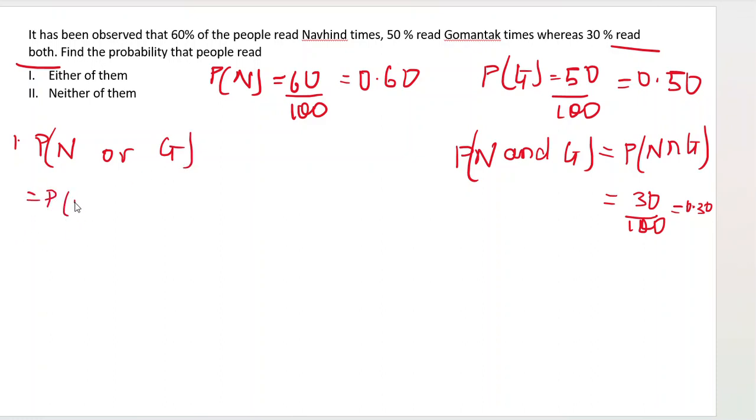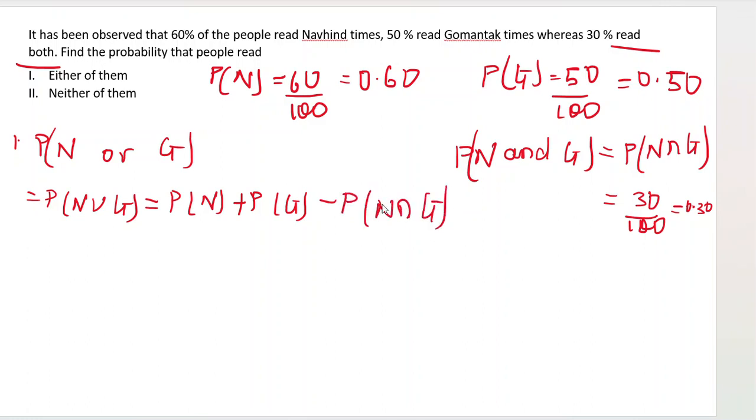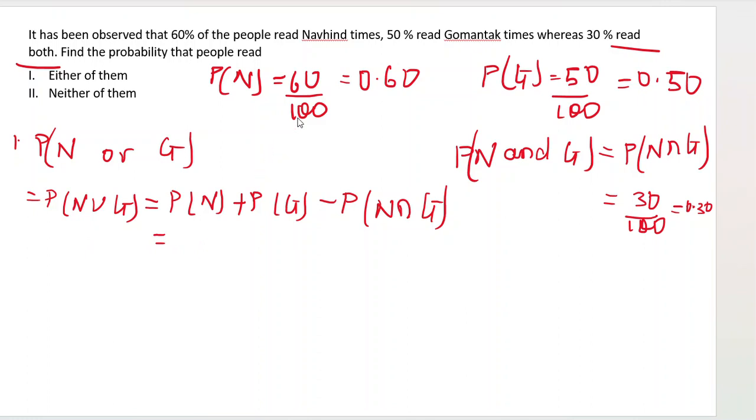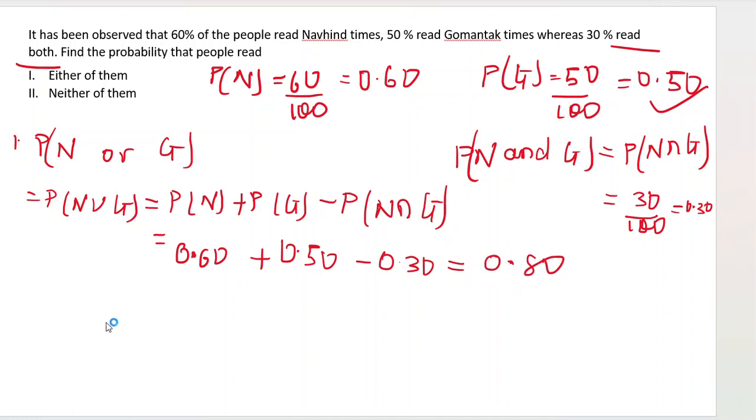Symbolically this means N union G. This is equal to probability of N plus probability of G minus probability of N intersection G using the addition theorem, which we did earlier: P of A plus P of B minus P of A intersection B. So 0.60 plus 0.50 minus 0.30 comes down to 0.80.